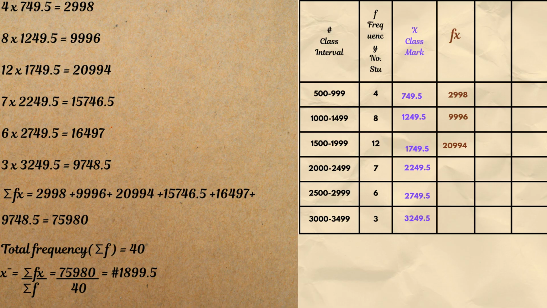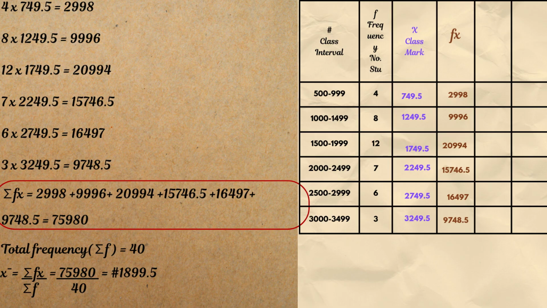Fourth row, 7 times 2,249.5 equals 15,746.5. Fifth row, 6 times 2,749.5 equals 16,497. Last row, 3 times 3,249.5 equals 9,748.5. Now add all fx values together.